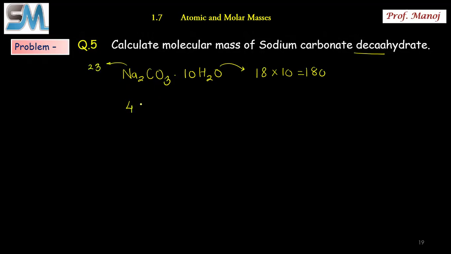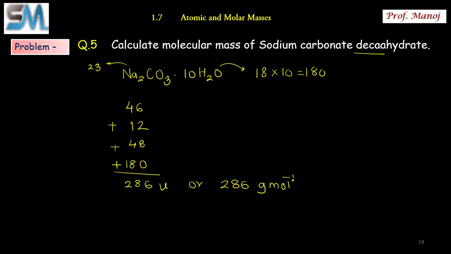So 2 sodium will become 46. Carbon is going to become 12. Oxygen is going to become 48. And water's component we have already seen, 180. So do a total of this. You will get 286 U or 286 gram per mole.